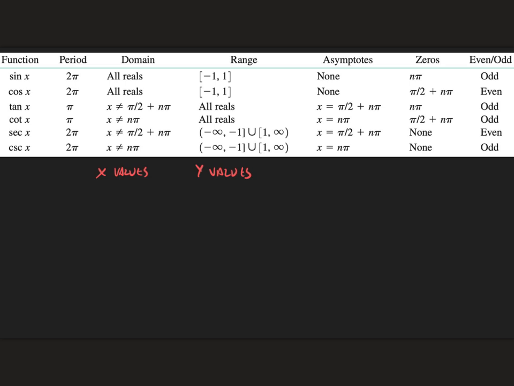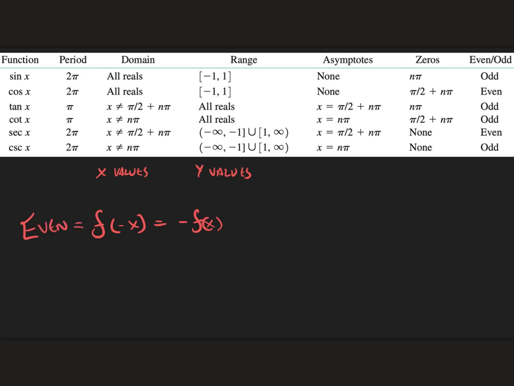So let's talk about even and odd functions. An even function means f of negative x is equal to f of x. So this is an even function. And what does that look like graphically?